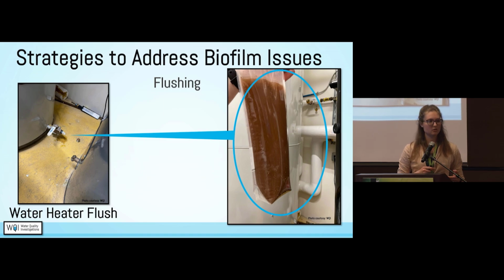A homeowner can do this, commercial buildings can do this. We'll sometimes recommend they do it monthly, and as things clear up and they don't have as much color, they can decrease that maybe to quarterly. But not only will it improve the safety of the water, but it will also hopefully extend the lifespan of that water heater.